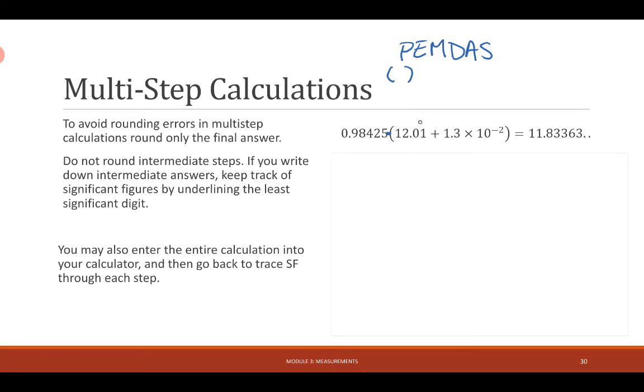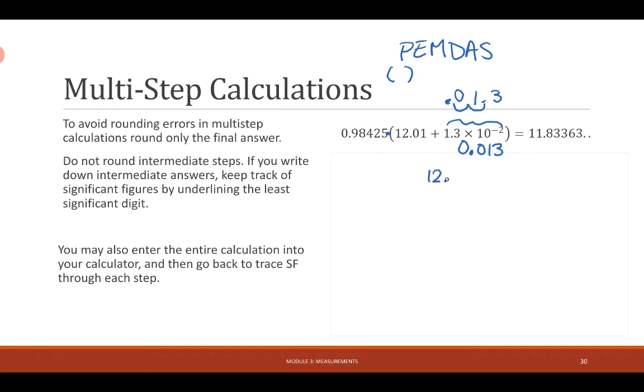That means I have to evaluate what's in the parentheses first before I can do my multiplication. In order to add these two numbers together, I'm going to take this out of scientific notation. So 1.3 times 10 to the minus 2 is 0.013.